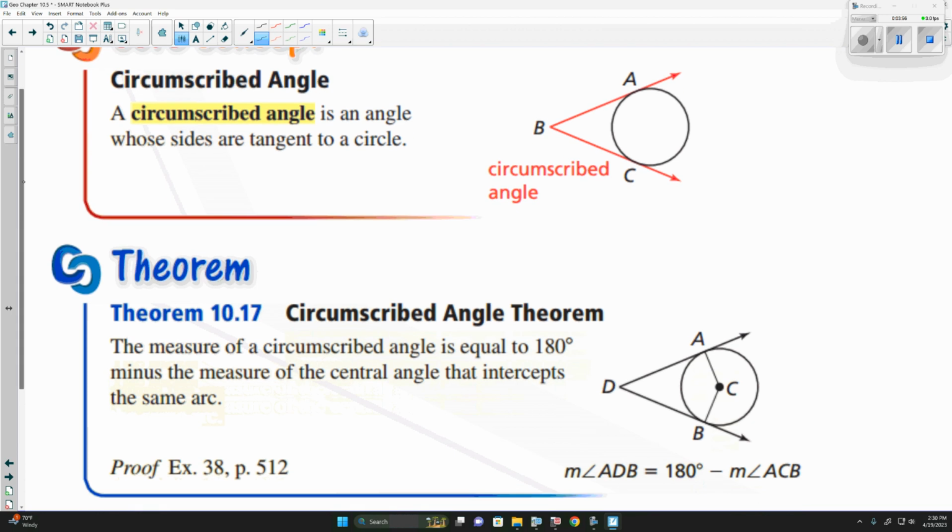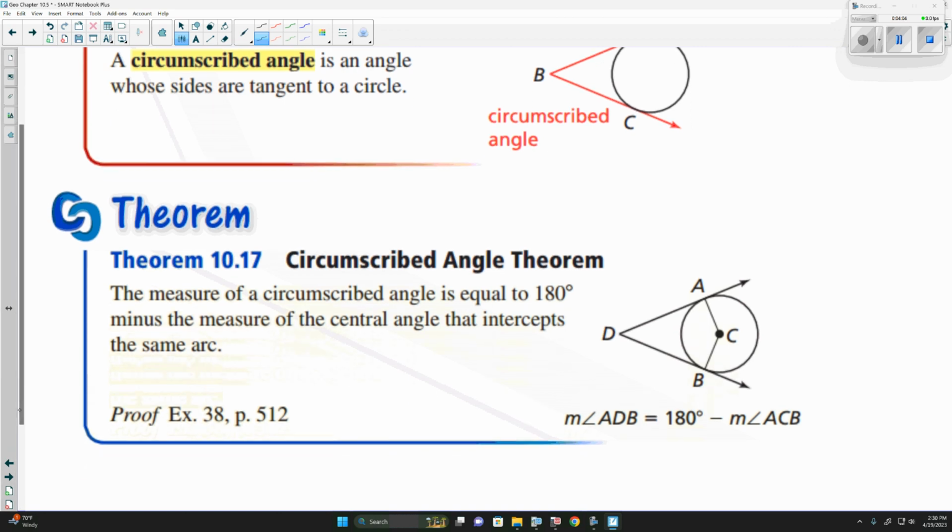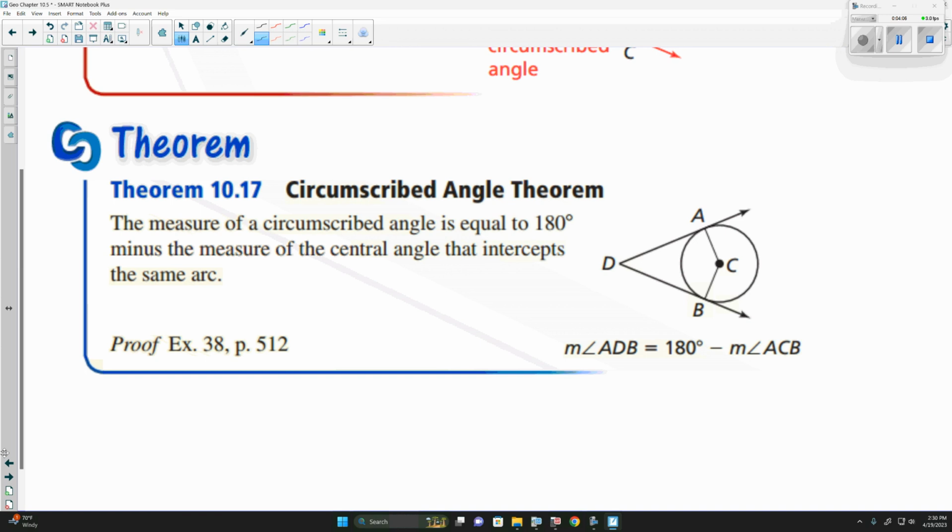A circumscribed angle is an angle whose sides are tangent to a circle. And the measure of a circumscribed angle is equal to 180 degrees minus the measure of the central angle that intercepts the same arc. So these two lines are tangent, so they do make 90 degrees.